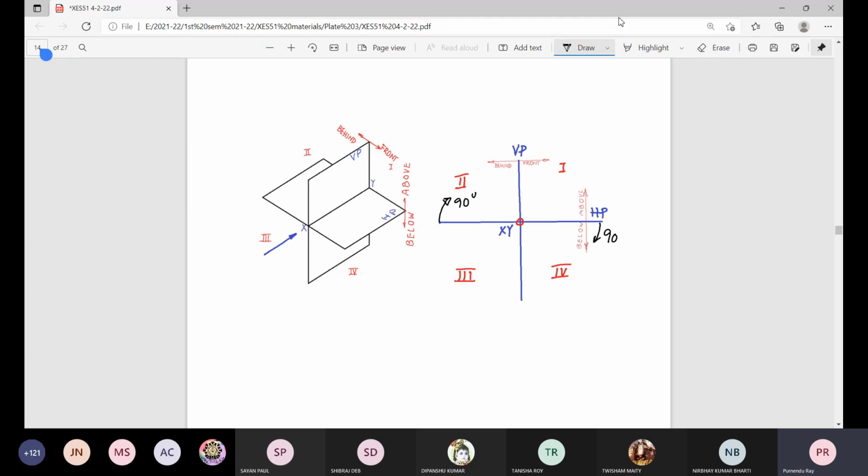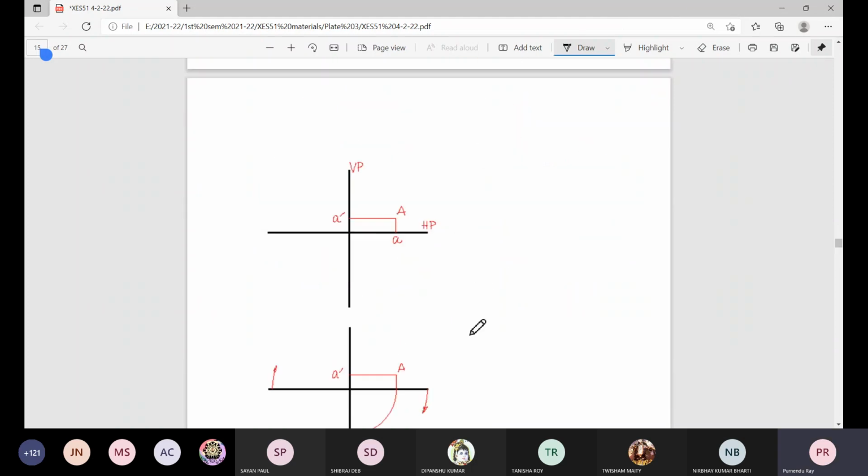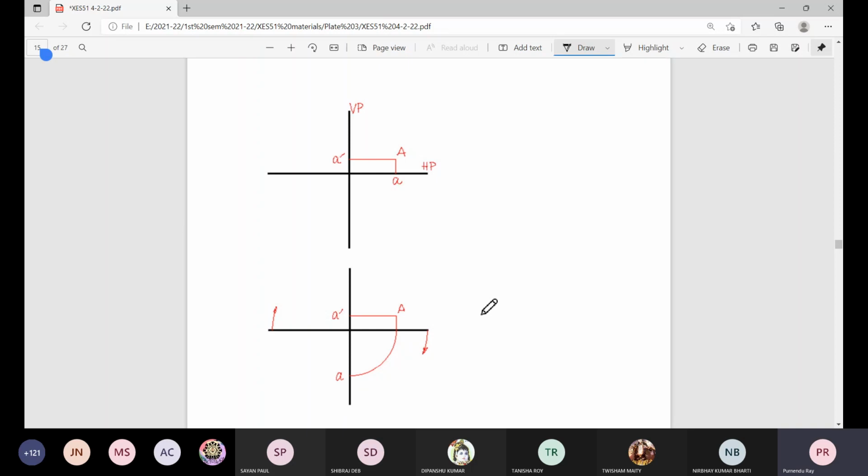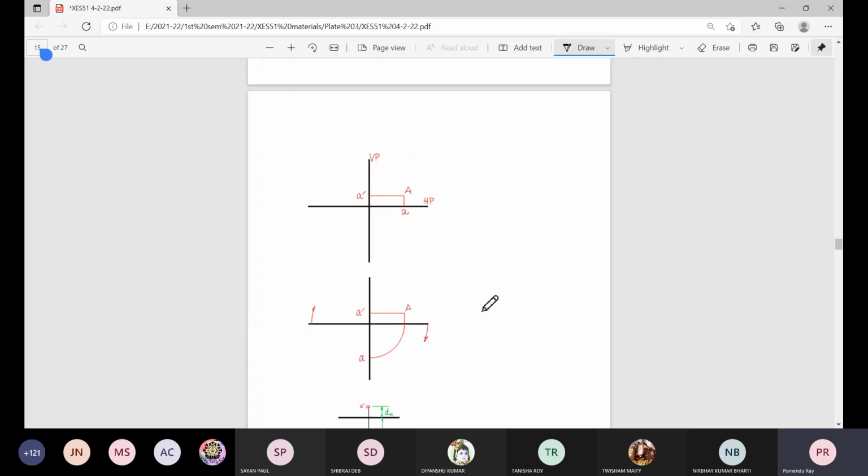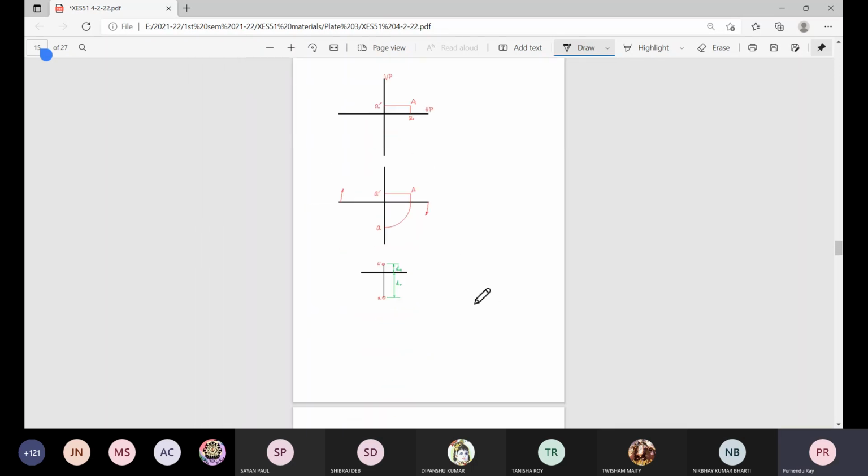That means above the horizontal plane, the original horizontal plane location. So we need to open this first quadrant, and after that, the third quadrant opens to 180 degrees, the second quadrant collapses to 0 degrees, and the fourth quadrant also collapses to 0 degrees. And once we know this formality, this is the way we do this for different quadrants.